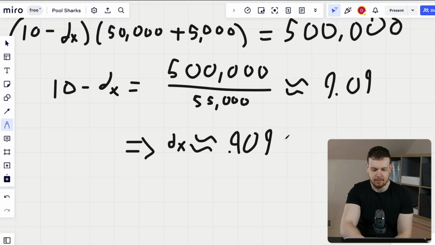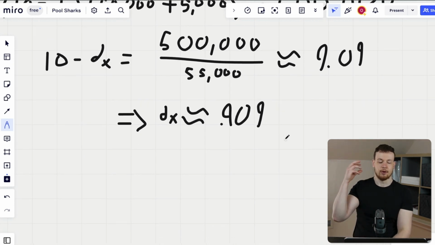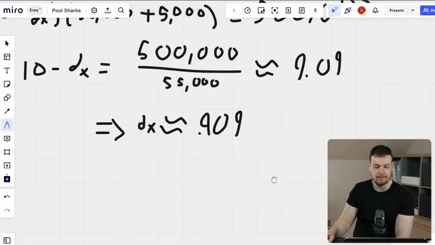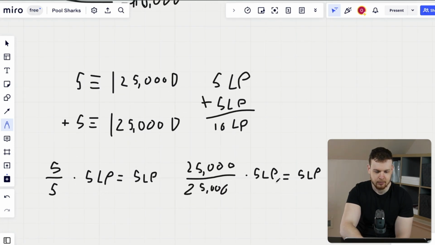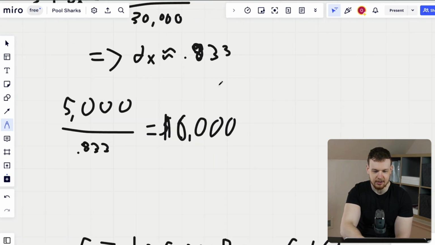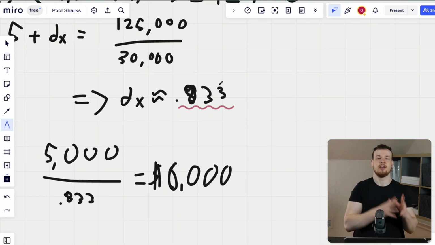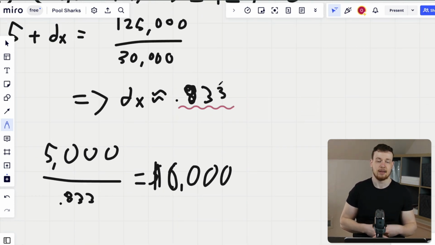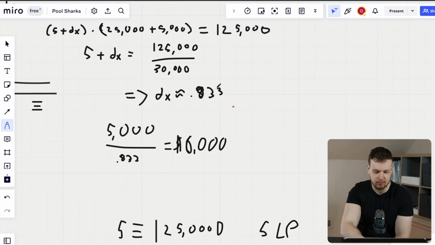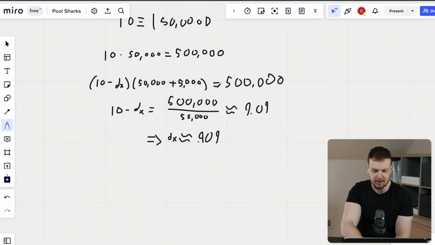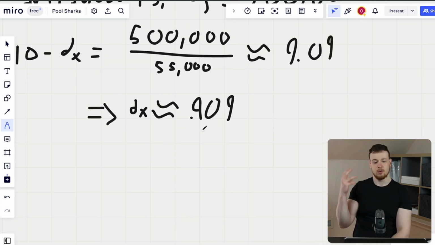And so this is the amount that the trader gets out of the swap, right? So before we'll notice that our dx value was actually 0.833. So when the trader swapped in their 5,000 DAI, they got roughly 0.833 Ether out of that swap. And now when they do the swap after increasing the K, the trader's getting roughly 0.9 Ether.